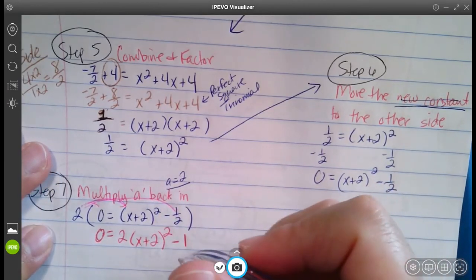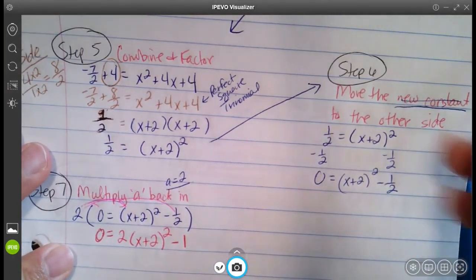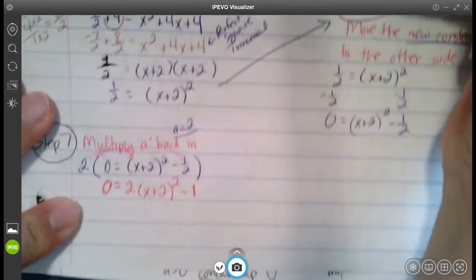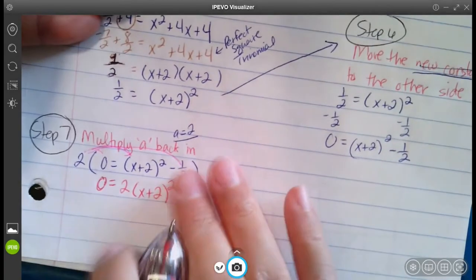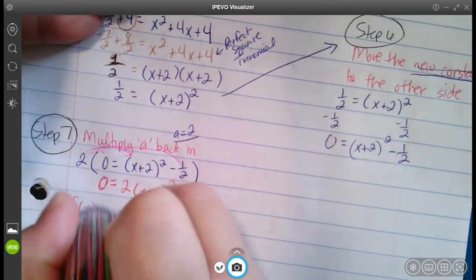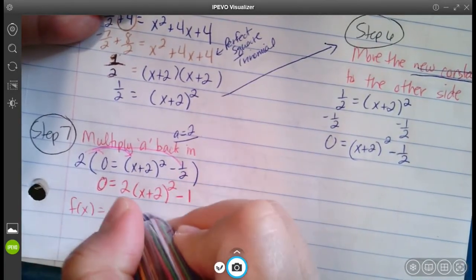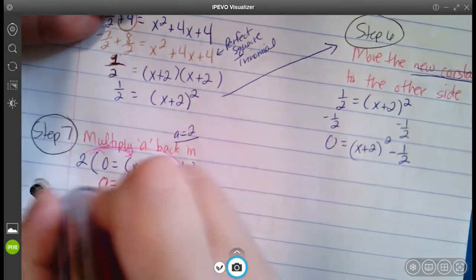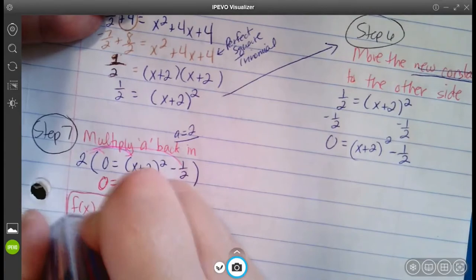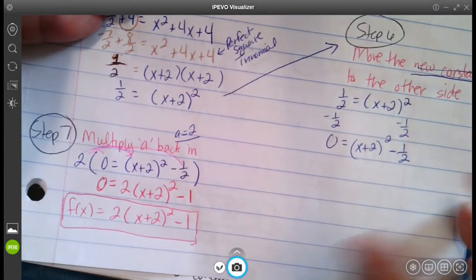And we are basically done. I'm just going to change this back to f of x. So we have f of x is equal to 2 times x plus 2 squared minus 1. And this would be our standard form that we were looking for.